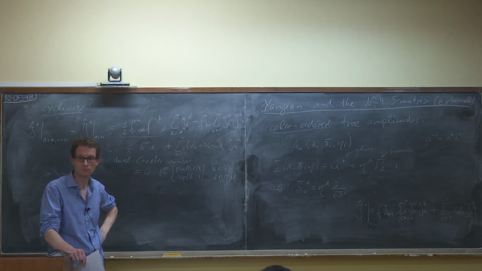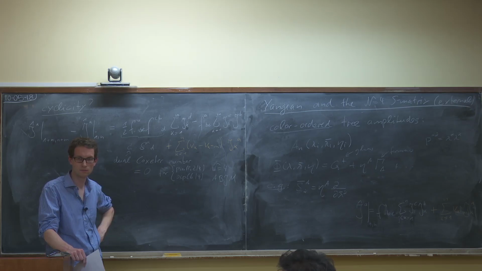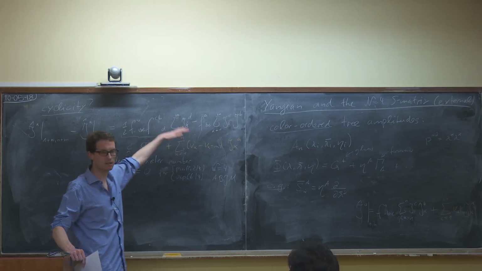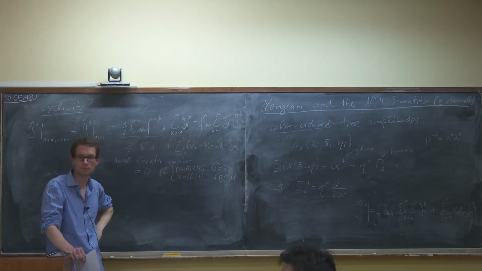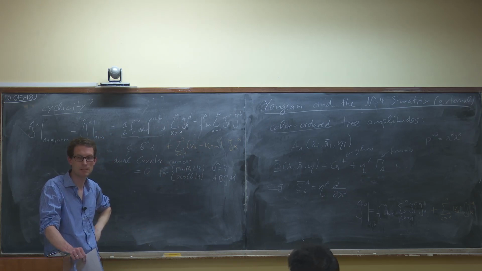Then where does this information about adjointness enter the J's? But here I haven't made any further assumption. There is just no assumption about representation. So given the algebra, whatever the matter content is, it doesn't matter.